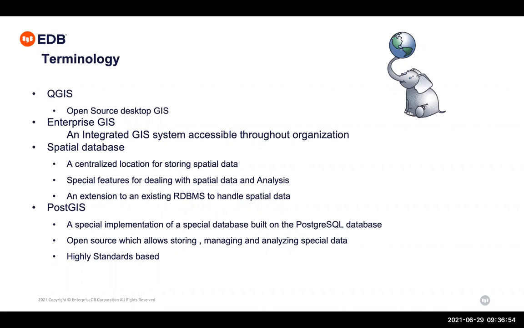So when we store spatial data in spatial databases, to do analysis, to work on spatial data, to access the spatial data, or to insert the spatial data, we require spatial features. QGIS or other applications generally provide that mechanism. Apart from that, spatial SQL also helps you build queries to work on spatial data. At the end of this session, I'll show you how we can build the spatial queries.